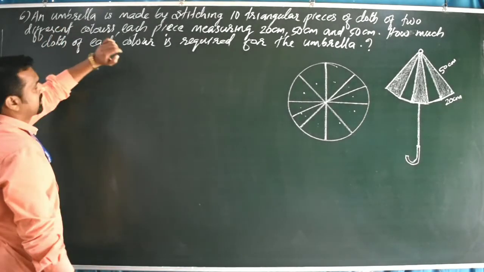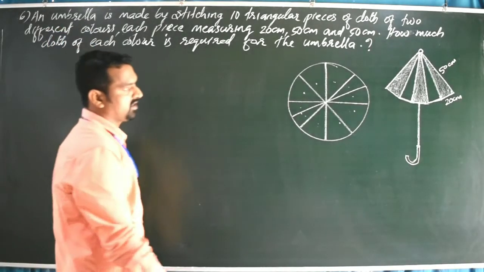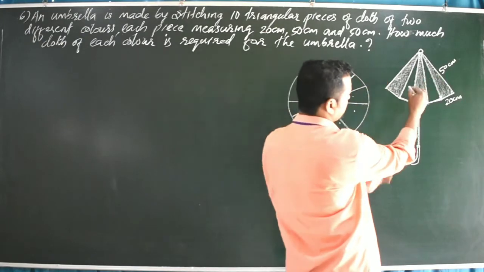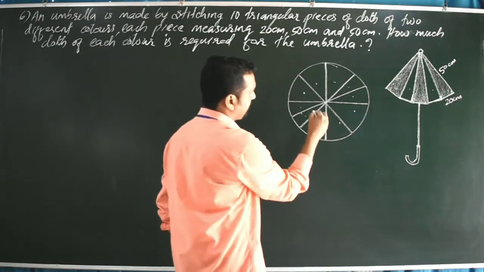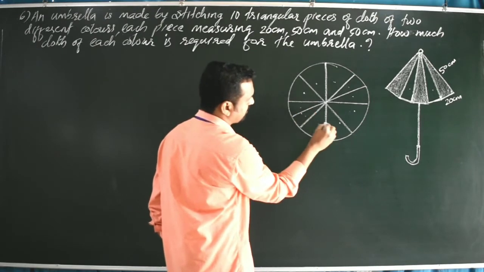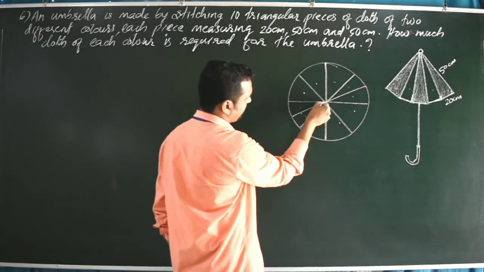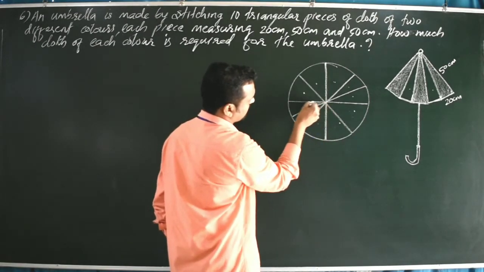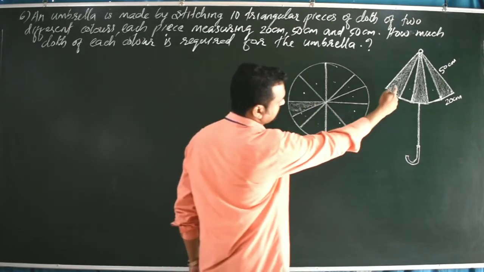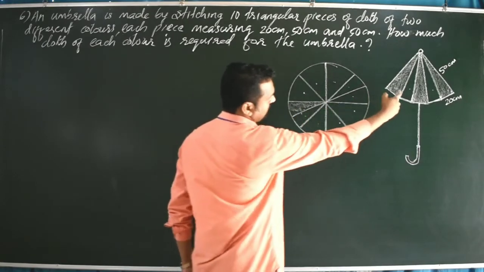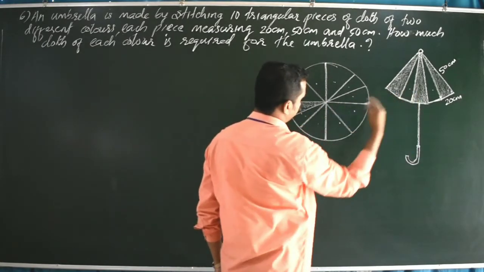Of two different colors. Two different colors are there. Here it is given from one side only, 1, 2, 3, 4, 5 pieces only shown here. In that 5 pieces, the first piece is one color. Just imagine that this one is black color and next one is white. This black I have marked here, and next one is white, and next one again black.